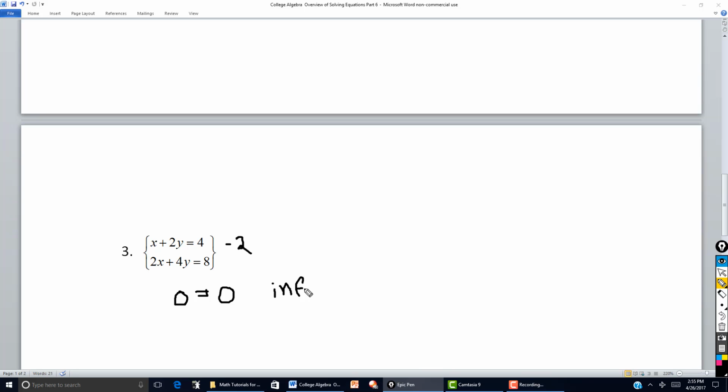So normally if it's infinite, your instructor might expect you to give a formula. So again what you would do here is you would say, my solution is infinite, so I'll give the formula such that x, y, and then you take either one of these. It doesn't matter which one because they're the same equation.